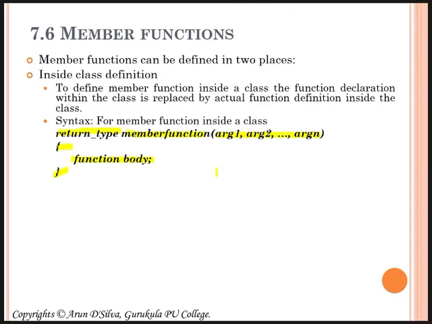Similarly, the other type is the outside class definition. You can define a member function outside the class. The member function declared within a class must be defined separately outside the class.